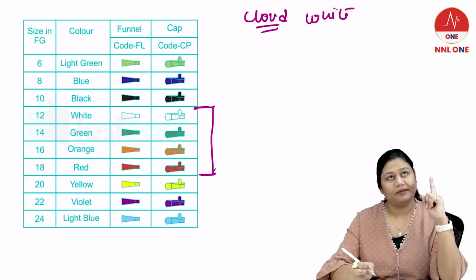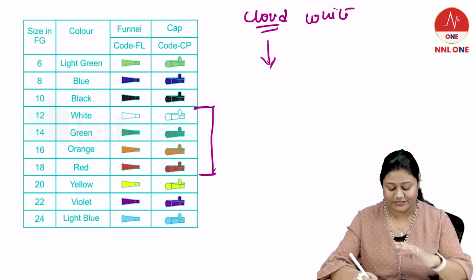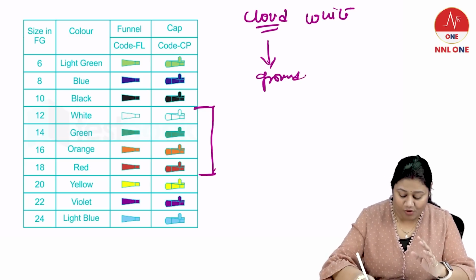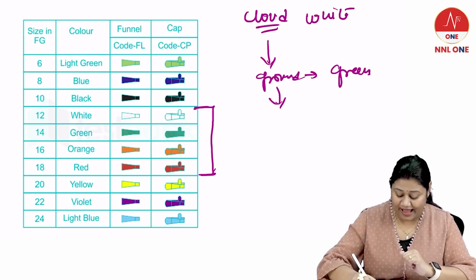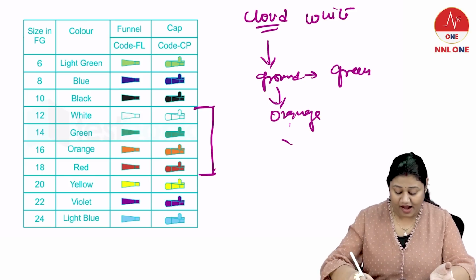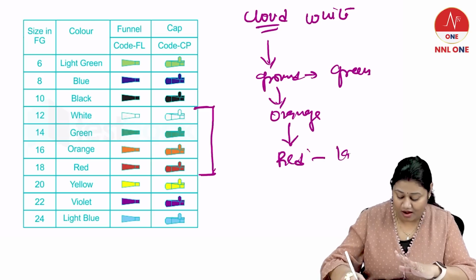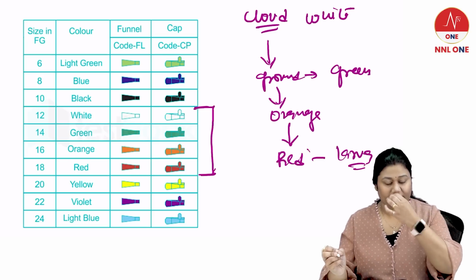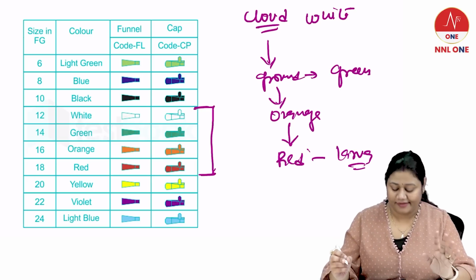Then below us is the ground, and on the ground we have green grass. Then under the ground we have orange crust, and under the orange crust at last we have red lava, right? In this way you can remember: white cloud, green grass, orange crust, red lava.